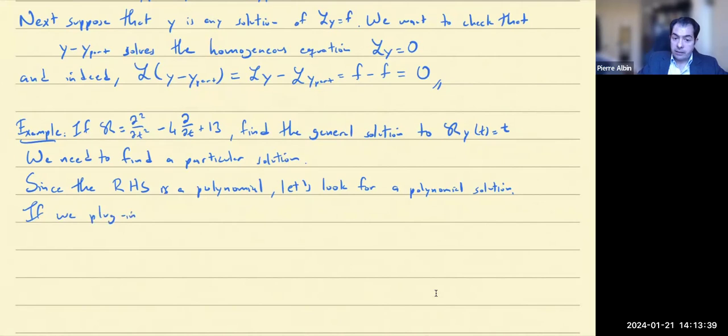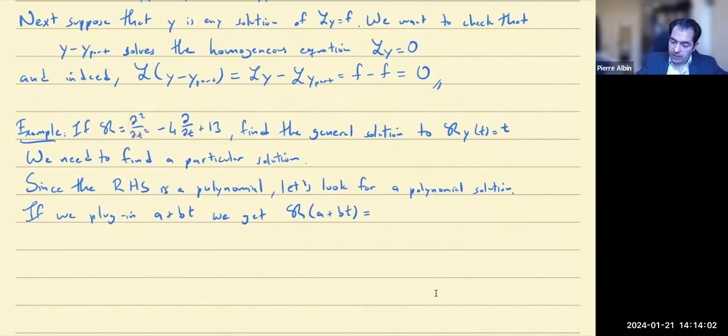If we plug in, say, a plus bt, we get R applied to a plus bt. Right here, a and b are going to be constants. So if we plug this in, then when you take 2 derivatives, you get 0.